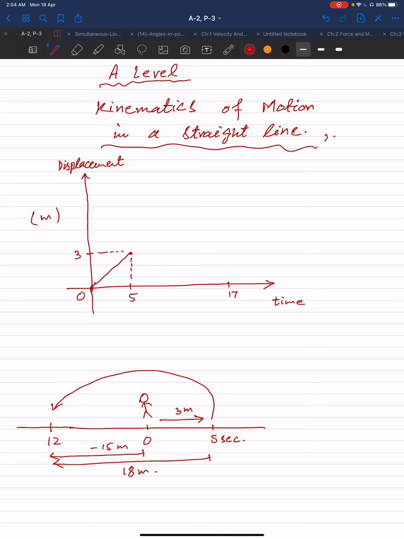So minus 15 in this direction. So you are going to draw your graph like this. That means from the starting point, it's minus 15. It's 15 in the opposite direction.